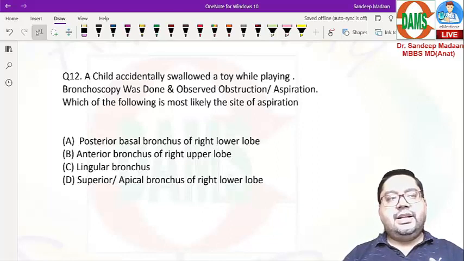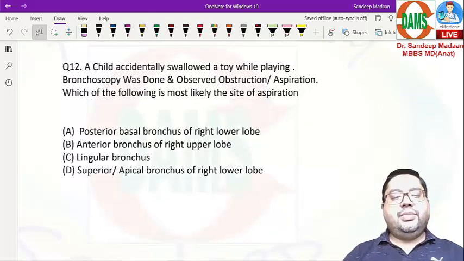It is very unlikely that he was in the supine position while playing. If the history says the patient is admitted, in that case the patient will be in the supine position. So here we can believe the aspiration took place in the erect position.